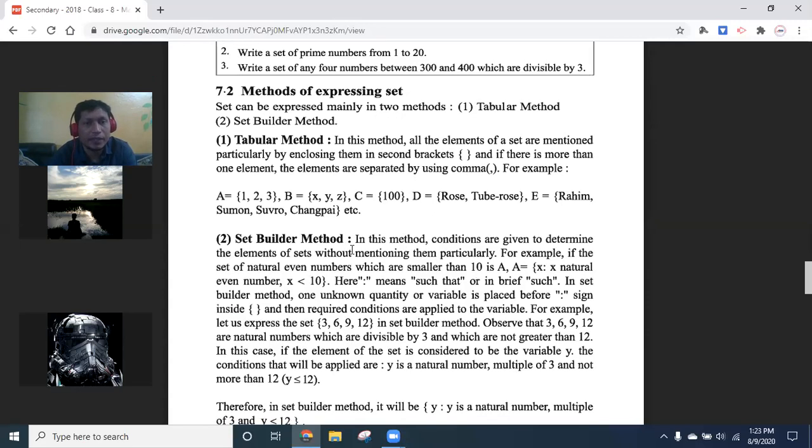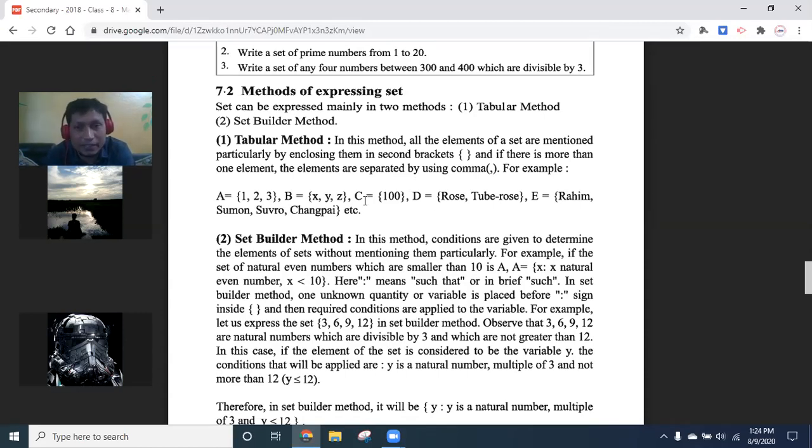And how can we express a set? There are two methods discussed in your book. Number 1 is the tabular method. Number 2 is the set builder method. You can easily understand the tabular method. The word tabular has come from the word table.